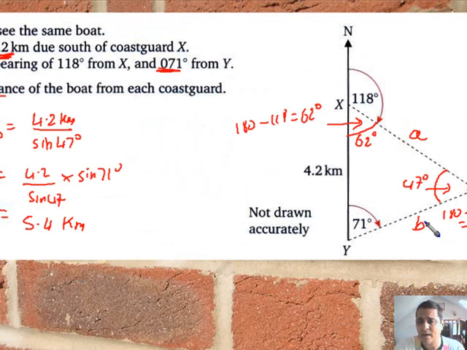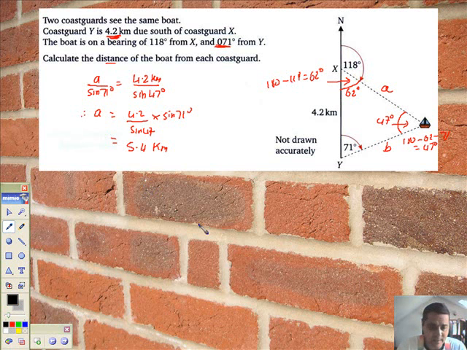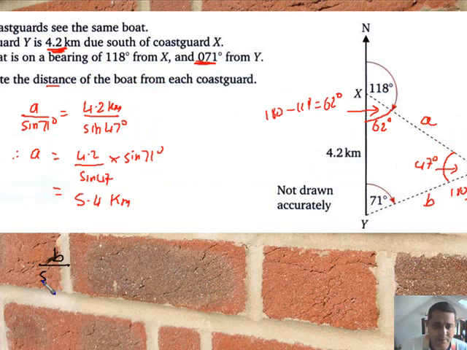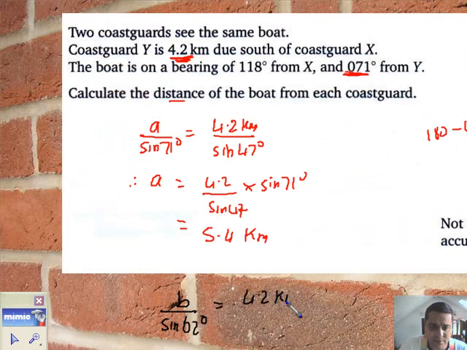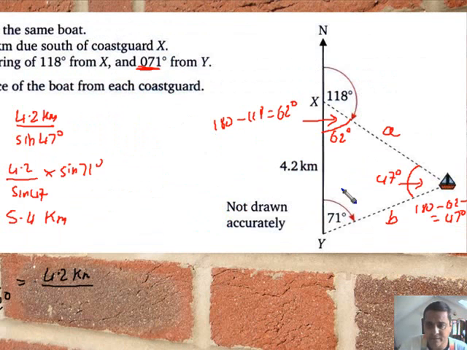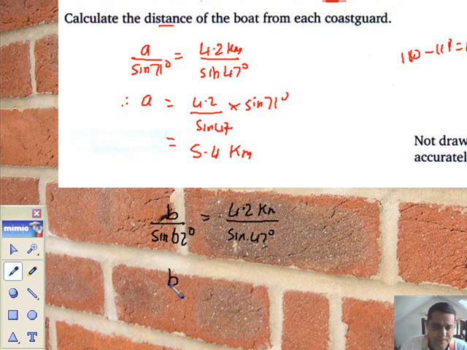In the same way, I can work out the length B by linking B with the opposite angle 62 and the 4.2 kilometers again with its opposite angle of 47 degrees. So let's just work in a different colour down here. B then. So B is what I want to put on top. So B divided by the sine of 62 equals the length 4.2 kilometers, that length divided by his opposite sine, the sine of 47 degrees again.